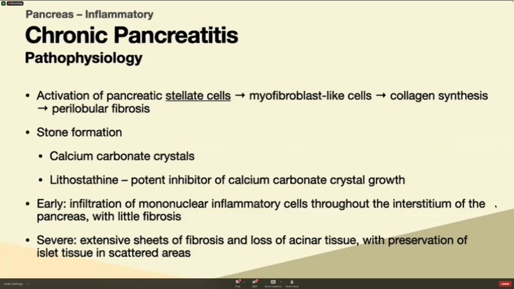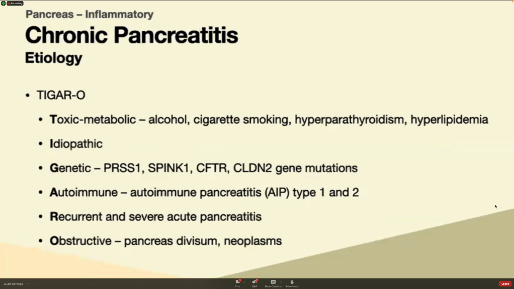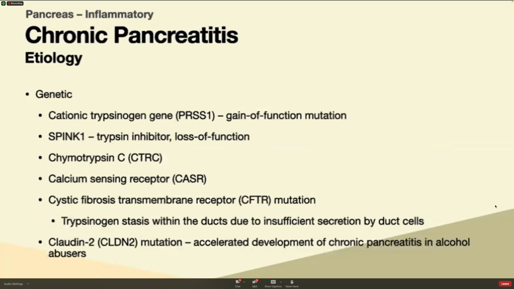In acute pancreatitis, there is activation of the pancreatic stellate cells into myofibroblast-like cells, leading to collagen synthesis and fibrosis. Here are the common etiologies for acute pancreatitis. We already mentioned this earlier, so we can just skip these.